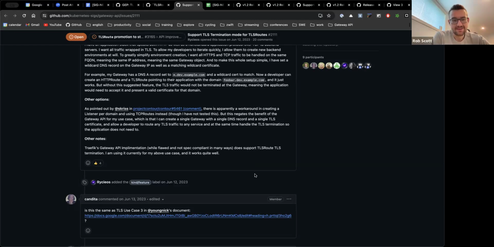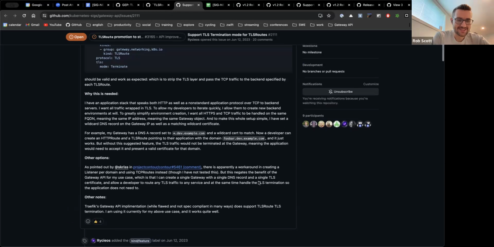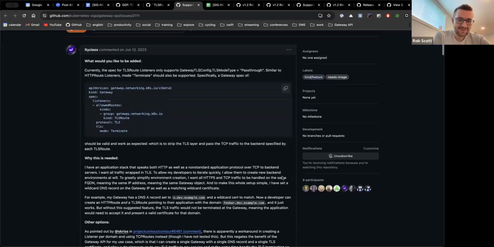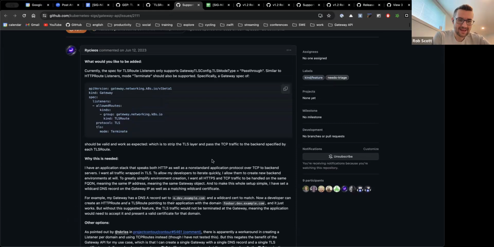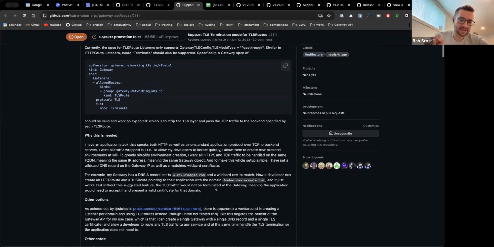Yeah, so far. But then there's this feature request that kind of threw a wrench in things, from somebody who actually wanted to terminate and then, I think, re-encrypt, if I remember the specific request correctly, and do routing exclusively with SNI, which is not something we thought of originally.